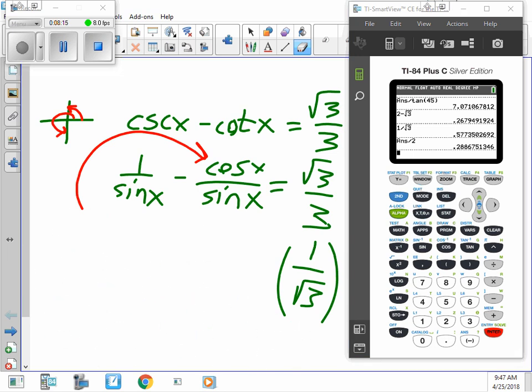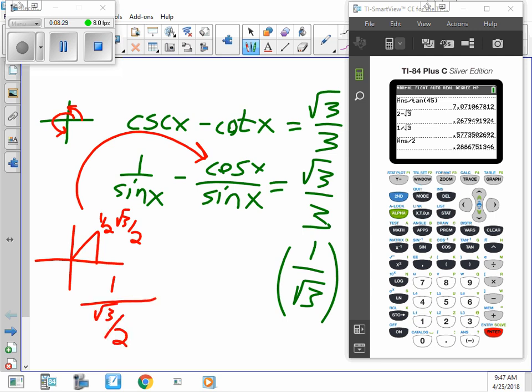Try a 60-degree angle, or pi over 3. That's a better way to say it. So this is 1/2, root 3 over 2. So 1 divided by root 3 over 2. Oh, I typed that in wrong, didn't I? No, I didn't. Never mind. Minus 1/2 divided by root 3 over 2.